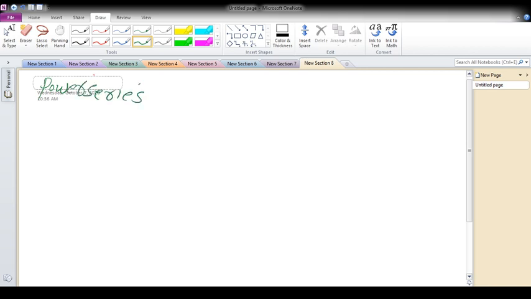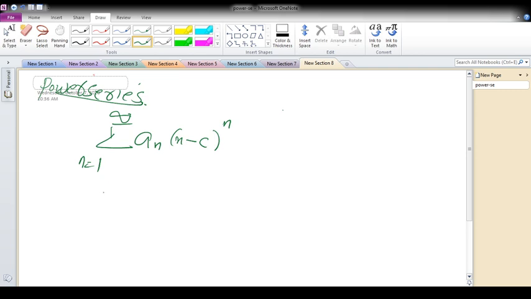Power series. So I will define what is power series. What is the definition of power series? So power series is an infinite form of a series such that summation a_n (x minus c) power n, n equal to 1 to infinity.